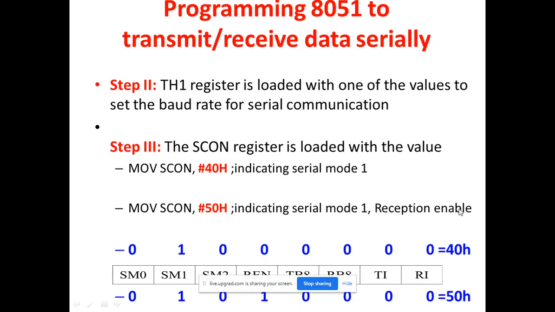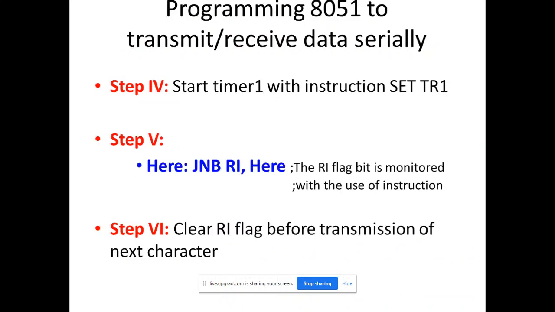For transmission you can allow both, but for reception it must be 50H only. Fourth step, start the timer, same as the previous one for the transmission process.